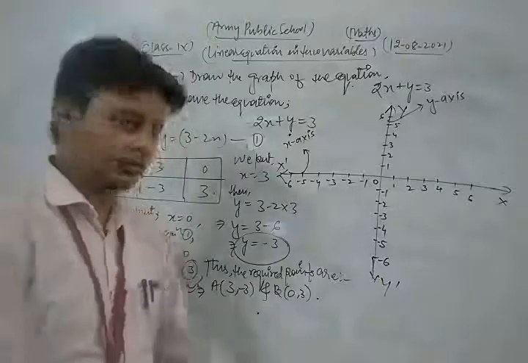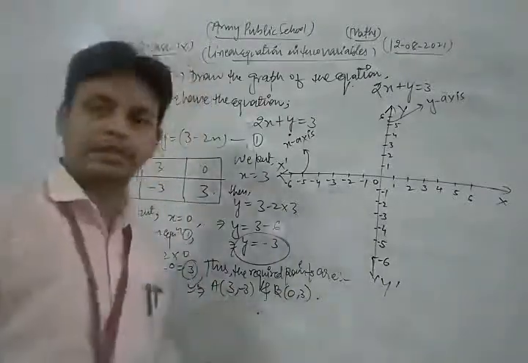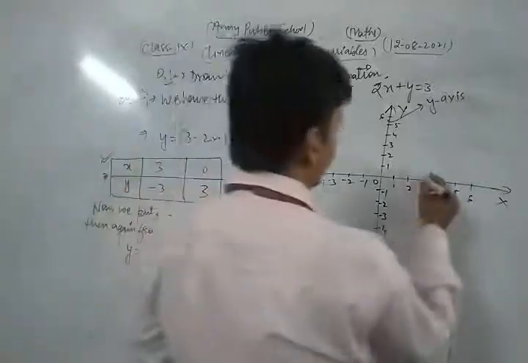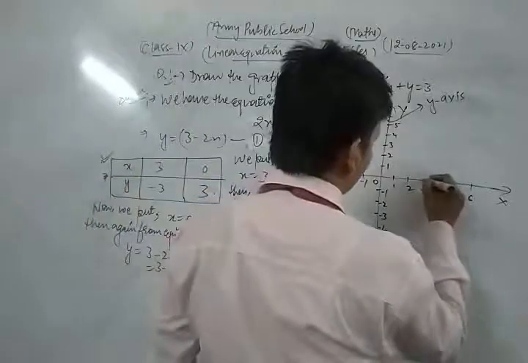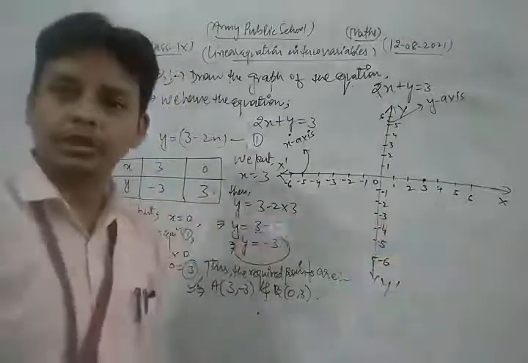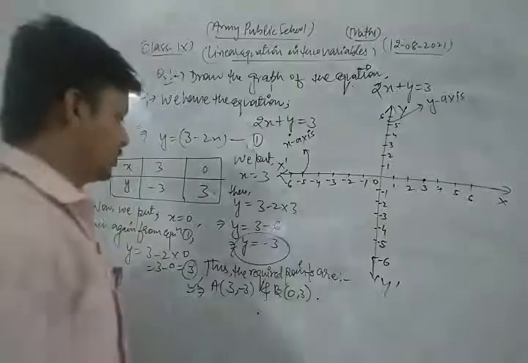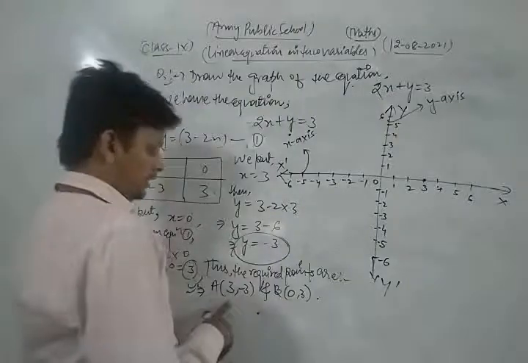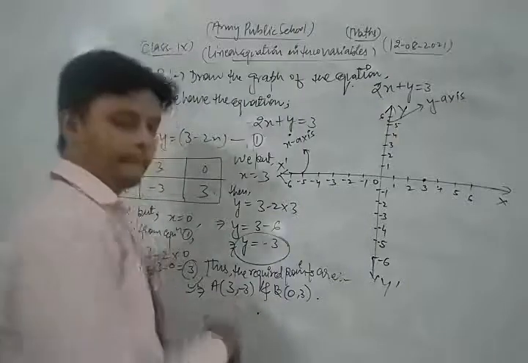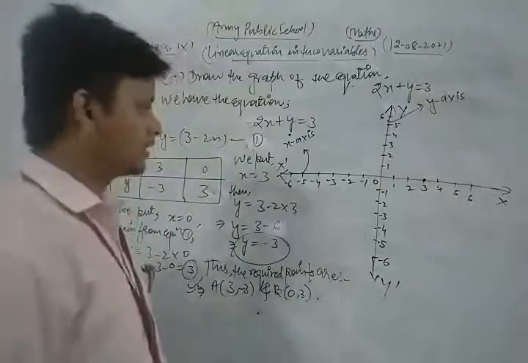Now abscissa 3, so x is plus 3, so we take this position. And y is minus 3, which means the ordinate is minus 3.